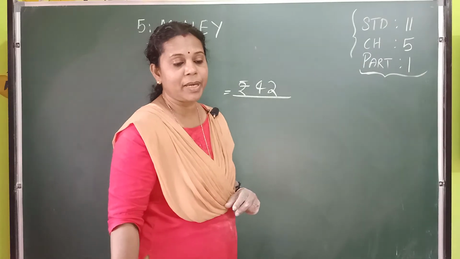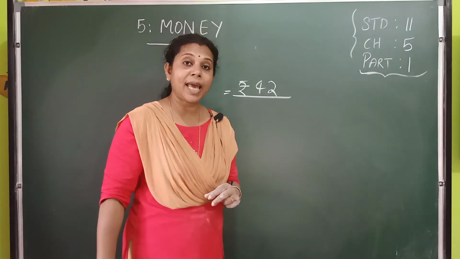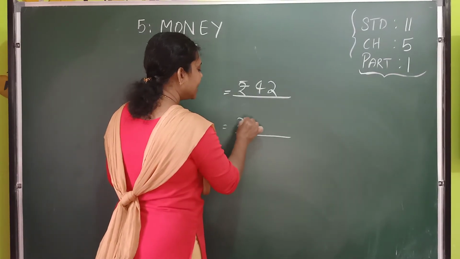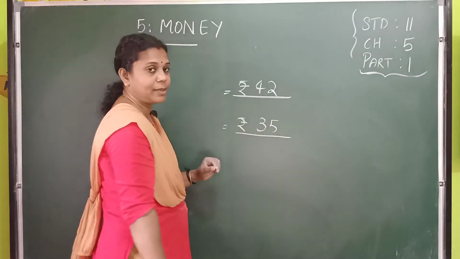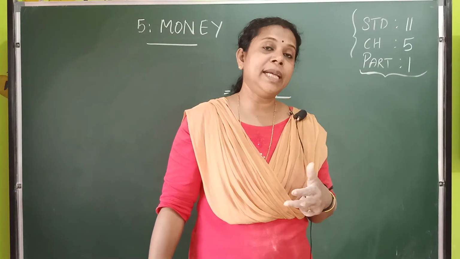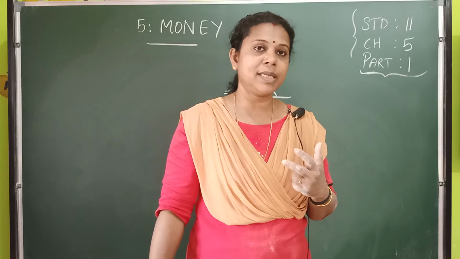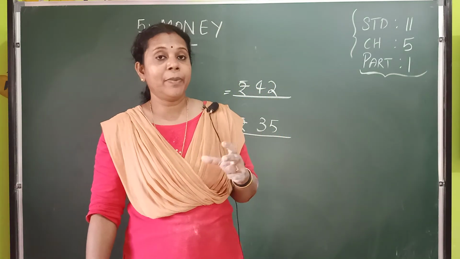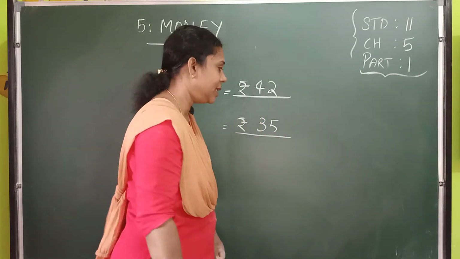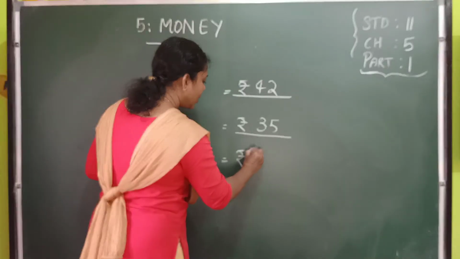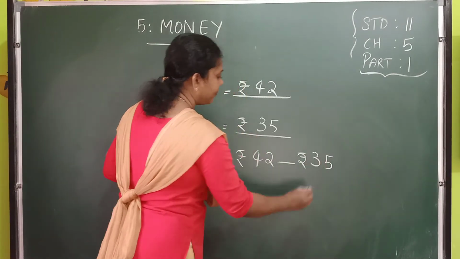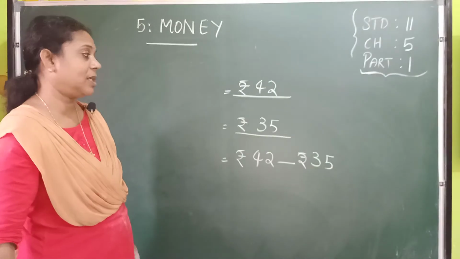The second statement, amount Amit has: Amit has only rupees 35, isn't it? The difference in amount needed to buy the marbles, the difference between the two amounts, how much more is needed, to find it, is equal to rupees 42 minus rupees 35.